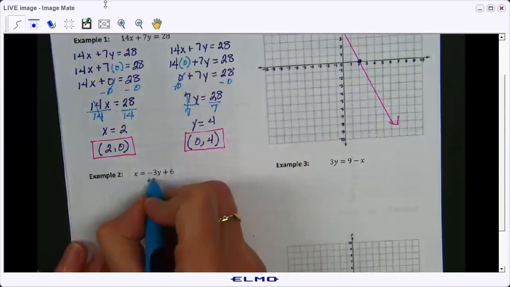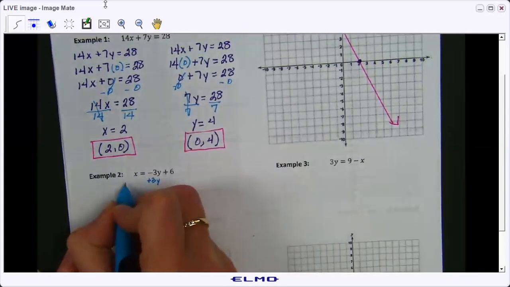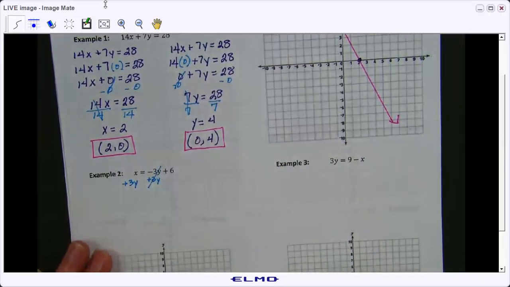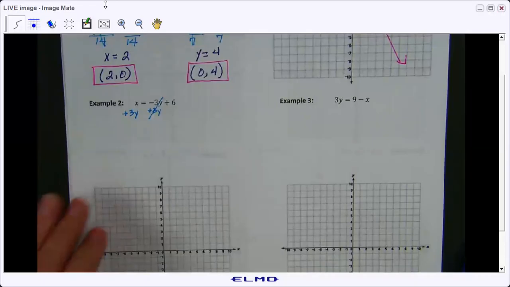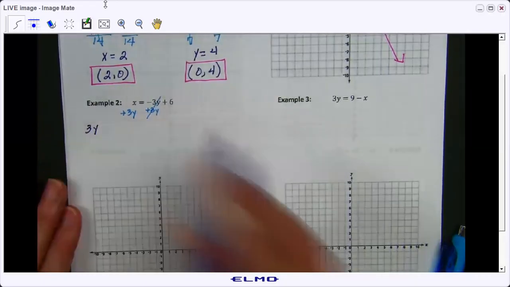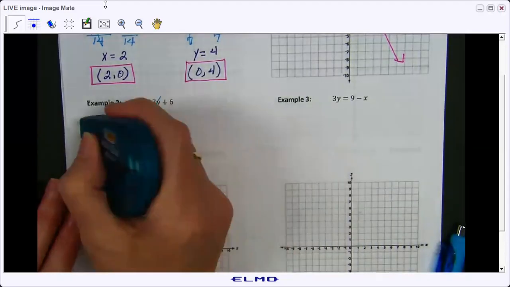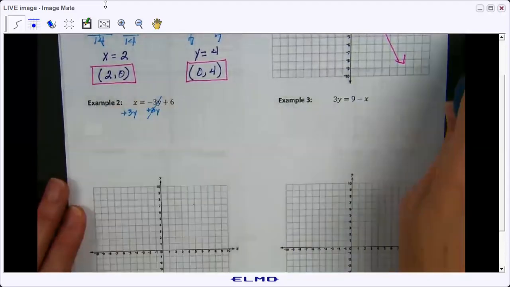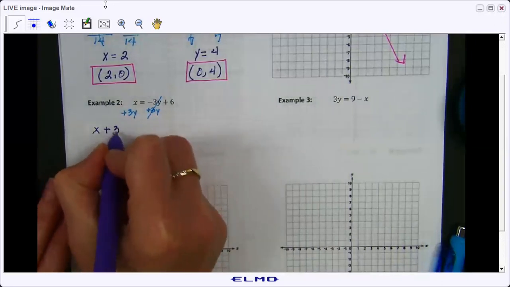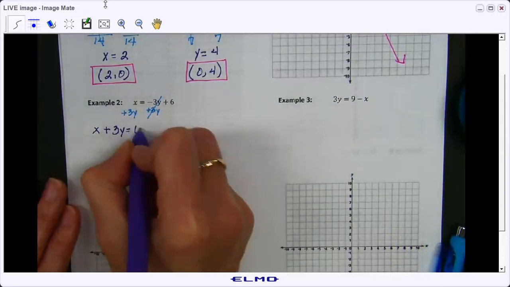So I'm going to add 3y to both sides. Now remember, when I add 3y to the left, it comes after the x term. So we have x plus 3y equals 6.